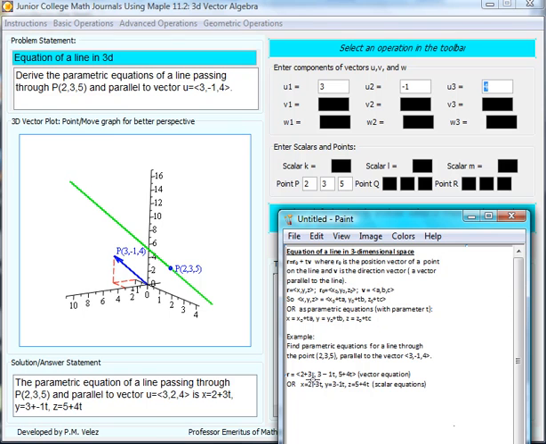That's our x component in our vector equation, or it's equal to x in our scalar equations. We do the same thing for y, and we do the same thing for z. So it's always the coordinate from the point plus t times the coordinate from the direction vector. So here's our vector equation, and this would be our set of scalar equations.